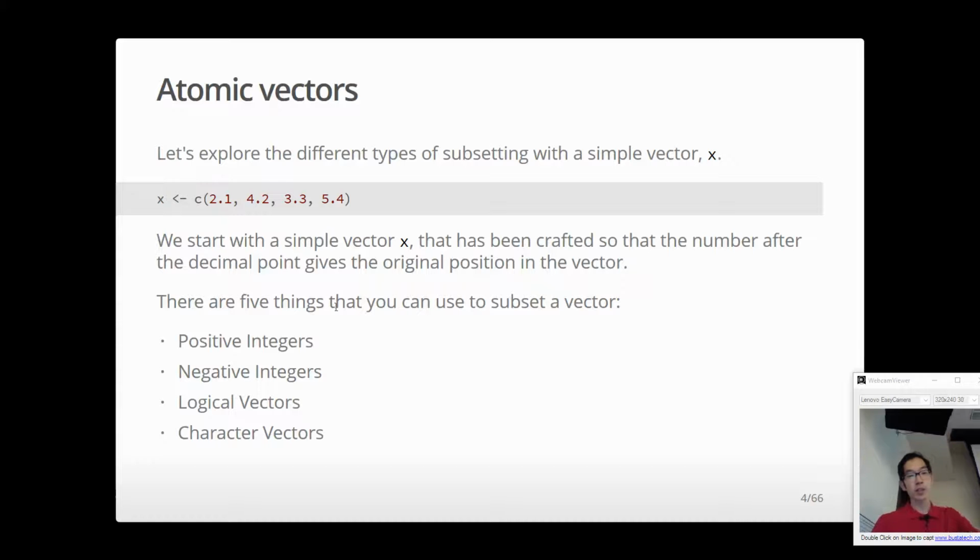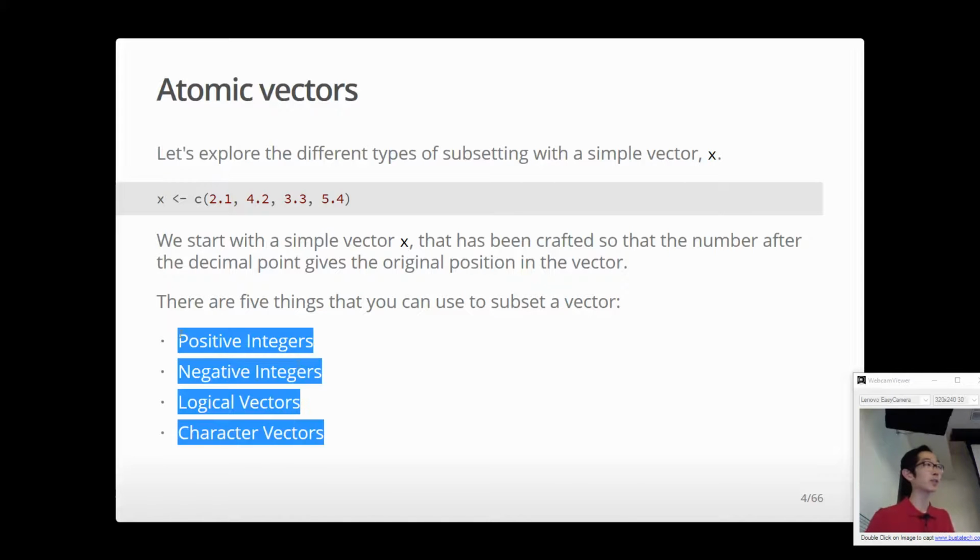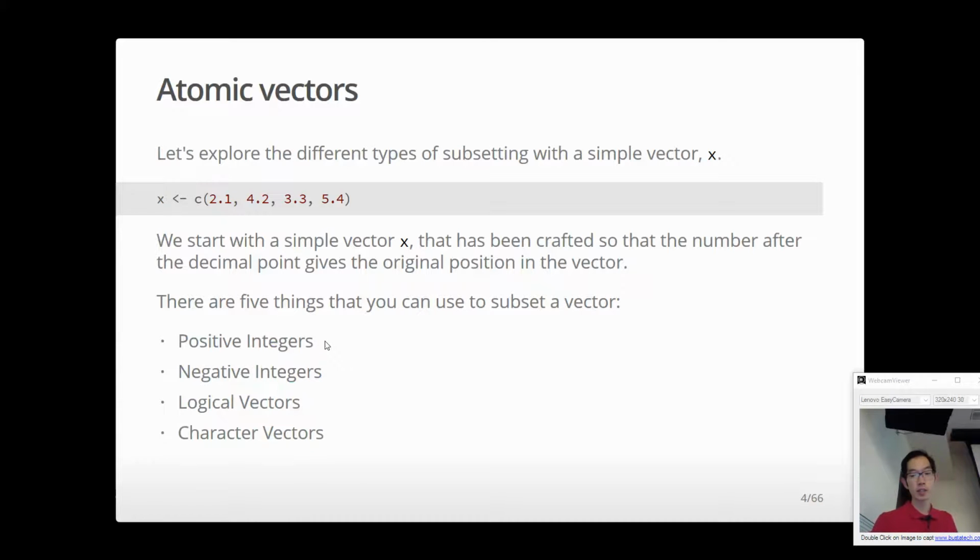And you can subset a vector using, I wrote 5 things, but positive integers, negative integers, logical vectors, and character vectors, and then there's a few special cases which would count as the 5 things, but these are probably your primary ways of subsetting a vector.